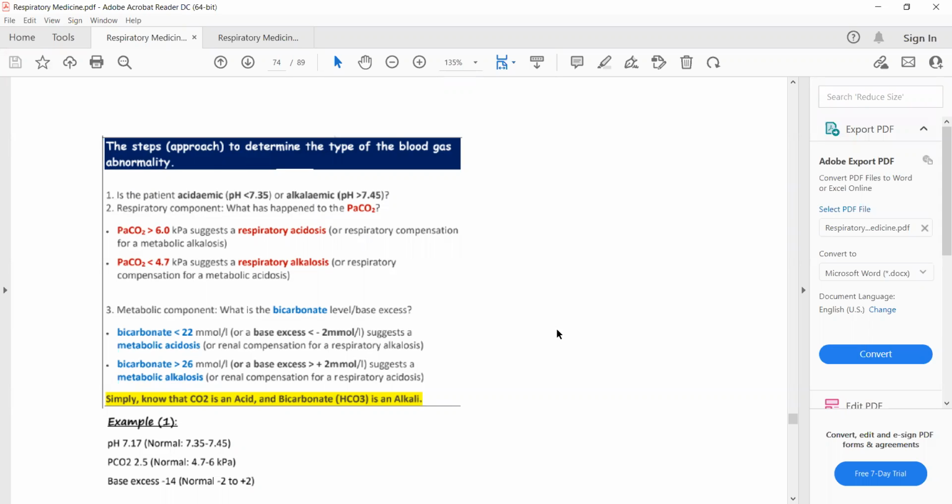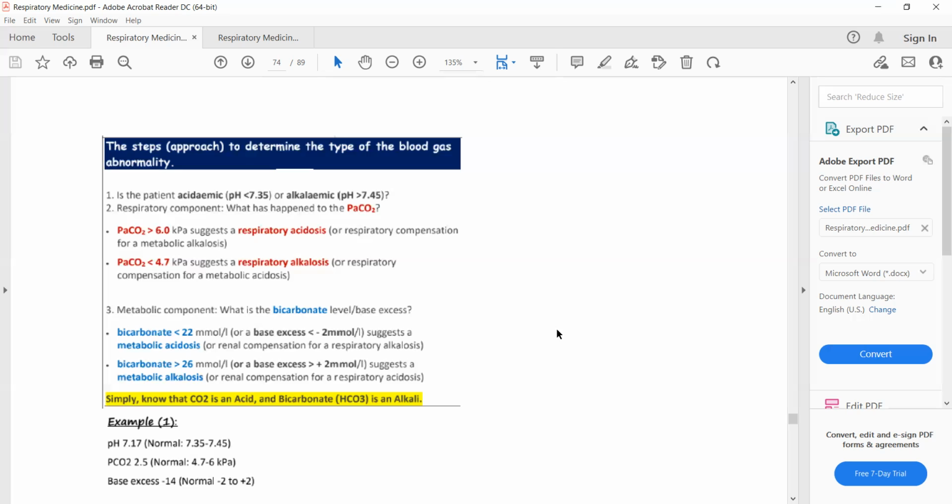So we can say that this acidic pH is not due to a respiratory problem, because in acidosis, CO2 should increase, but in this case, there's a decrease in the partial pressure of carbon dioxide. It is a respiratory compensation for this acidosis.